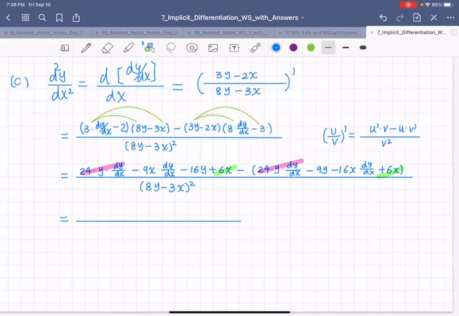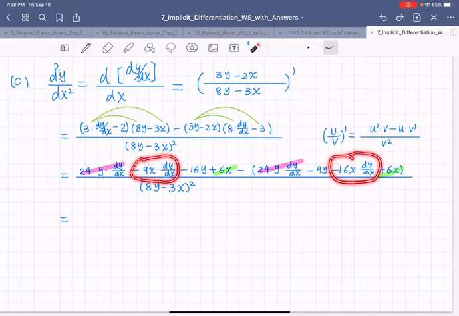Let's combine the like terms. Who is the like terms? This is the same, right? Yeah. Negative 9x, negative 16x, and minus. So what should we put here? Negative 9x plus 16x equals 7x, right? Yeah.